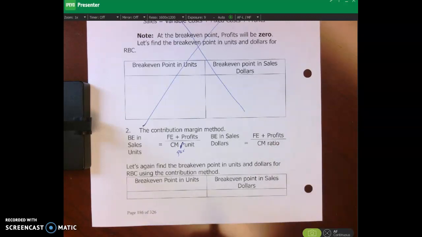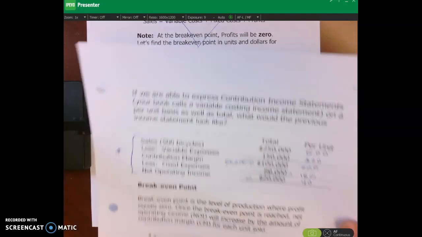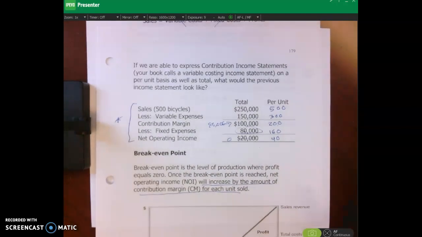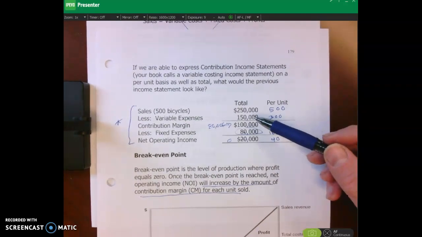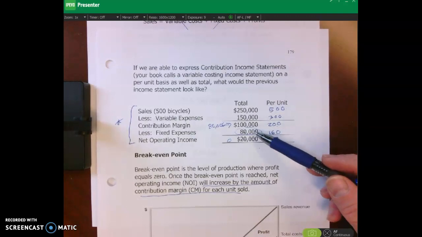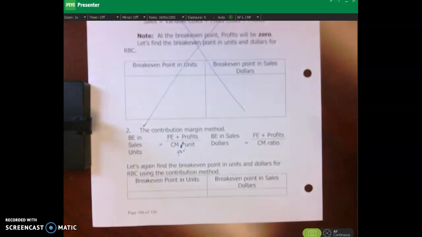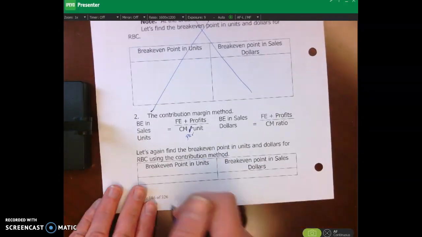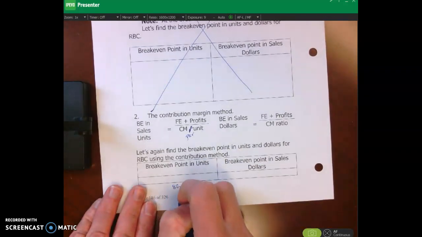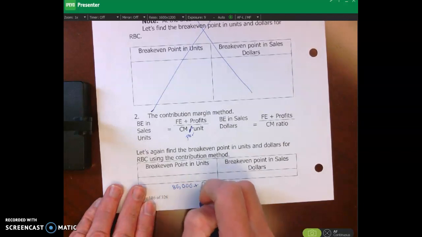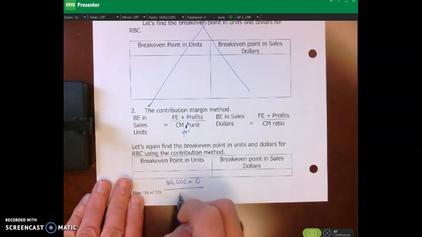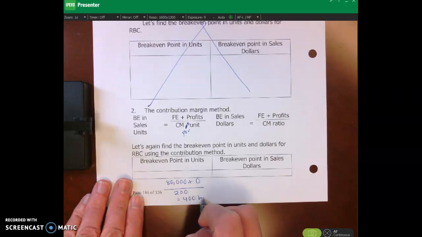So if we return back over here to our assumptions with our RBC bicycle, we can say, here's our fixed expenses. Our CM per unit is 200. So in terms of units, we simply take our fixed costs plus our zero profits divided by our contribution margin per unit, 400 bikes, which we did in a prior lecture video.